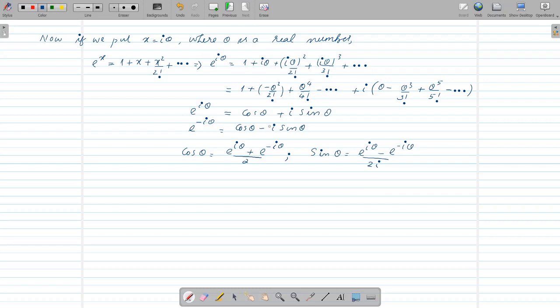This equation e raised to x equal to 1 plus x plus x square by 2 factorial plus etc. for complex value x is consistent with whatever we have discussed in the lower classes. Okay, so this equation enables us to remember those equations.